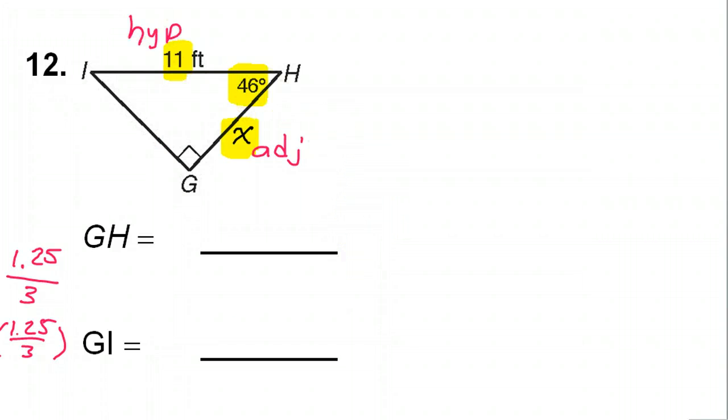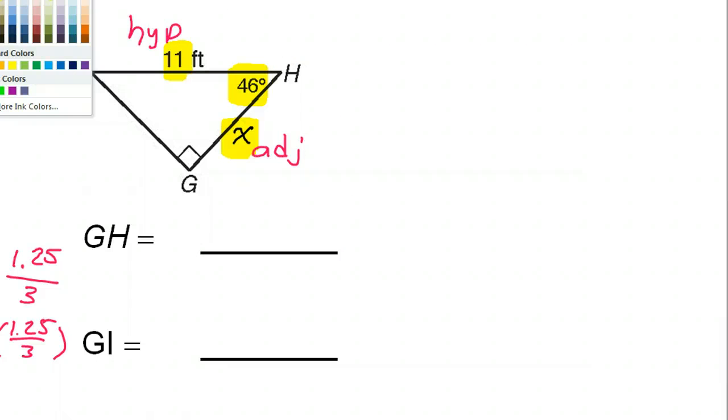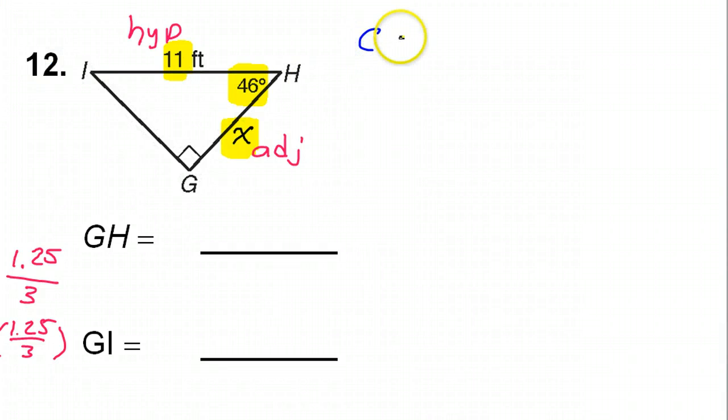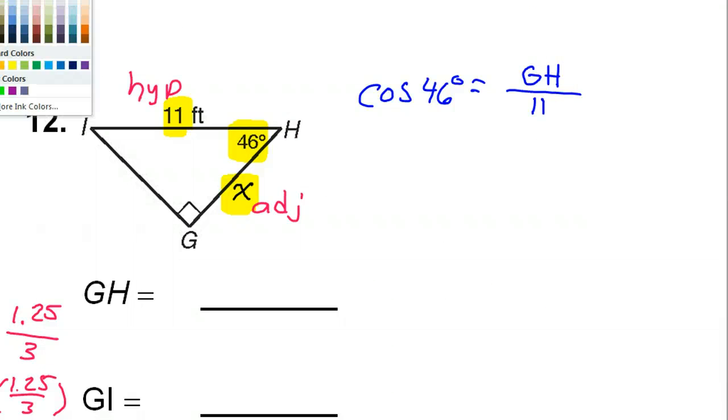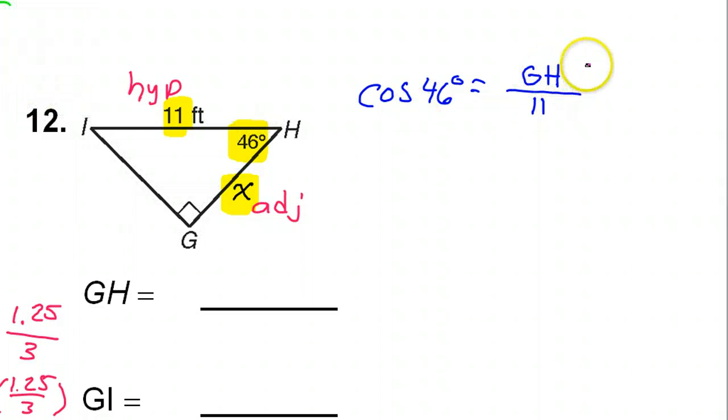So the cosine of 46 degrees is equal to adjacent over the hypotenuse. This time I'll just call it GH instead of calling it x. So adjacent over hypotenuse, GH over 11. If I want to get GH by itself, I need to multiply both sides by 11.